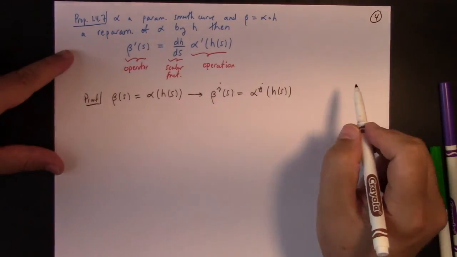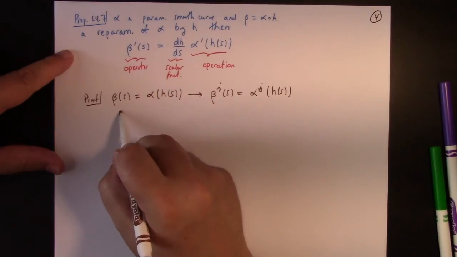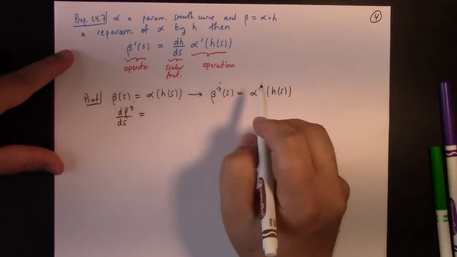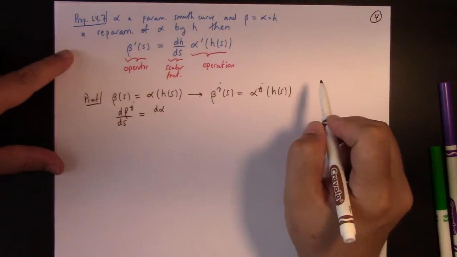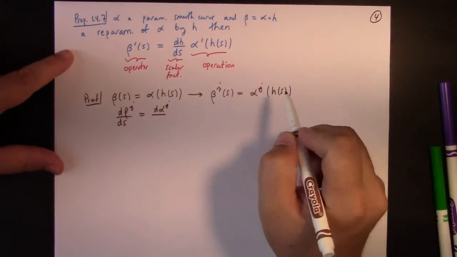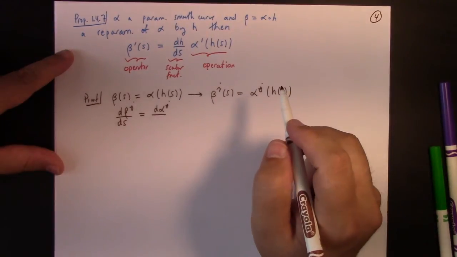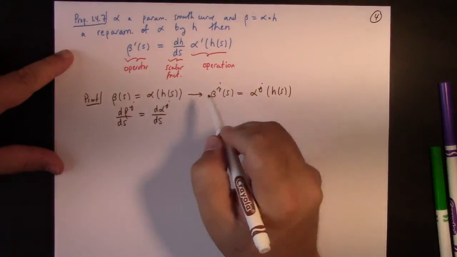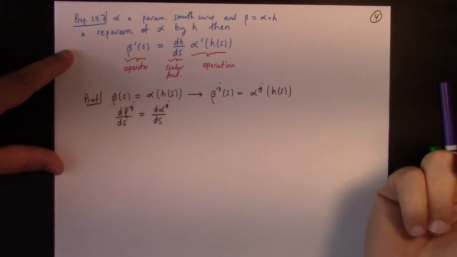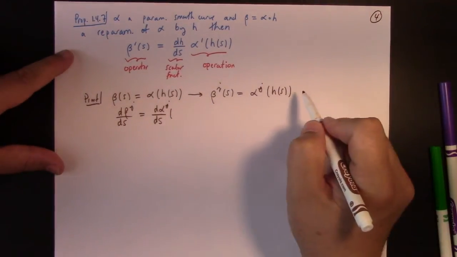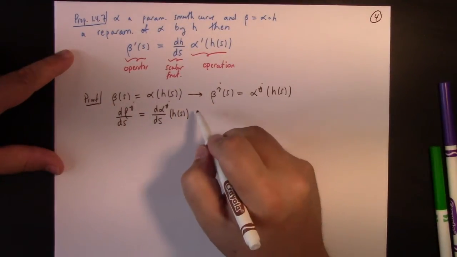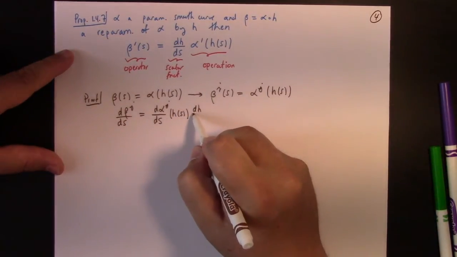So by the ordinary chain rule, when I differentiate that with respect to s, I do the derivative of the outside function, d alpha j, d ds. It's kind of a bad notation, sorry. But the point is that that's evaluated at the inside function, h of s. I'll write that with a better notation next, and then times the derivative of the inside function dh ds.